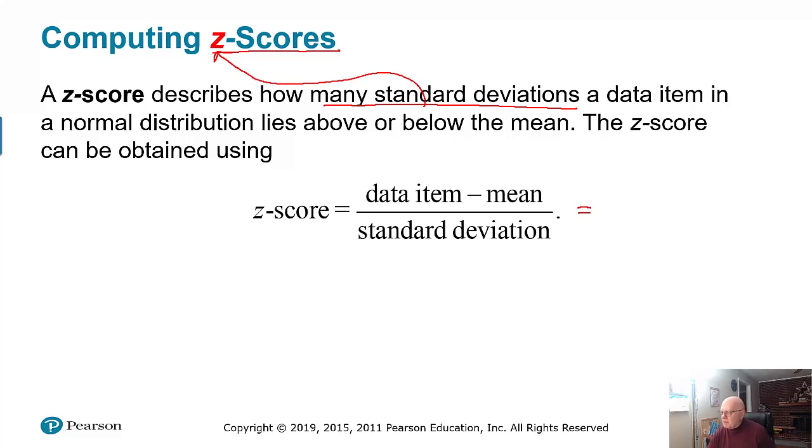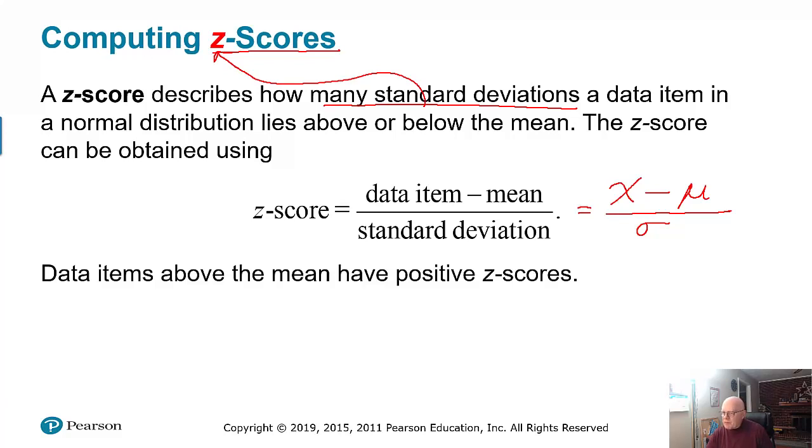The data item, usually we represent by an x. And the mean we usually represent by mu, if it's the mean of the population. And on the bottom, standard deviation. And there you go. Do the subtraction on the top, divide by the bottom, you've got your z-score.